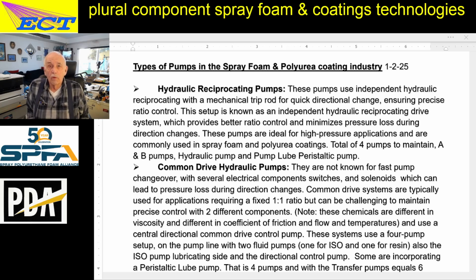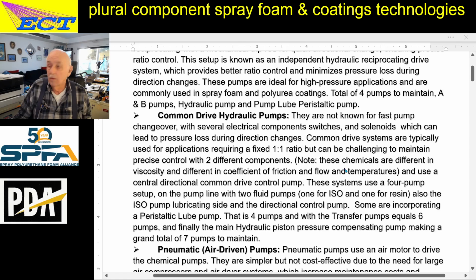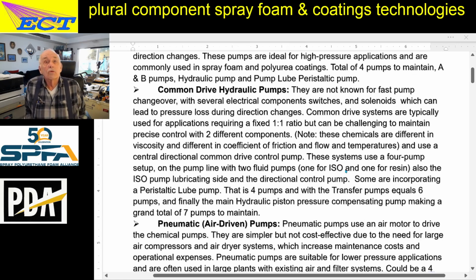A total of 4 pumps are maintained: A and B pumps, hydraulic pump, pump loop peristaltic pump, and common drive hydraulic pumps. Now, common drive systems are not known for fast pump changeover, with several electrical components, switches, and solenoids, and all of the above that can lead to pressure loss and directional changes.